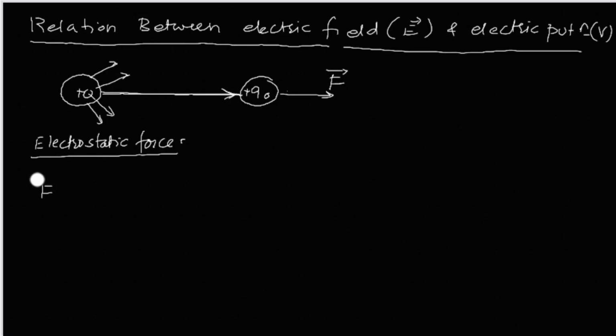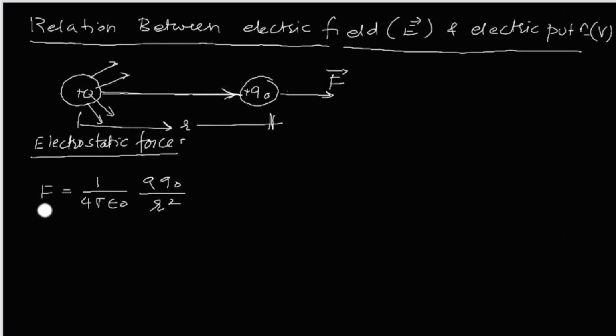It is always given in magnitude by F equals 1 upon 4 pi epsilon 0, Q is the first charge and Q0 is the second charge, the product between them, and whatever distance there is between them. We are considering this distance as R between Q and Q0, then it will be R square.